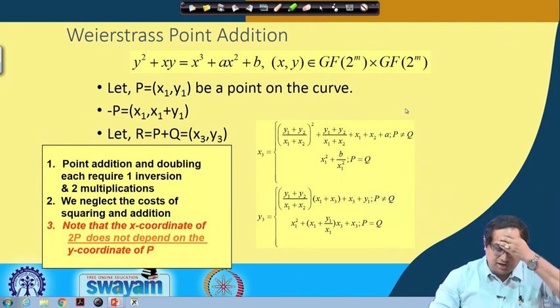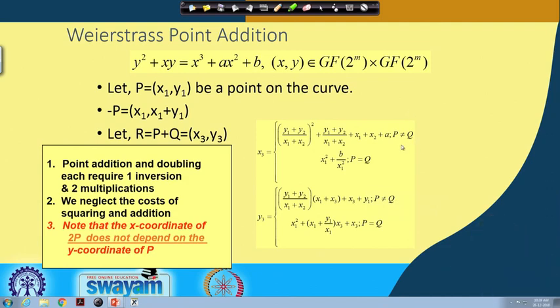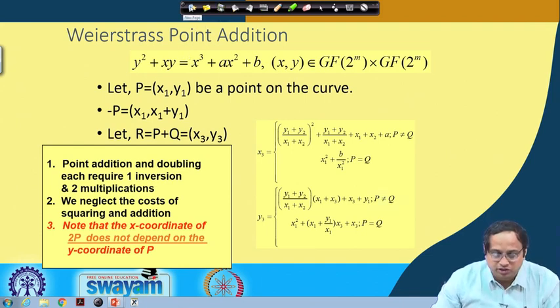So, you can essentially derive the addition equations and you can derive the doubling equations. It is interesting to see how we can derive the doubling equation, so let me try to concentrate on that.